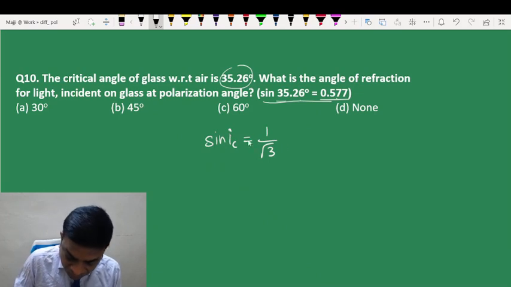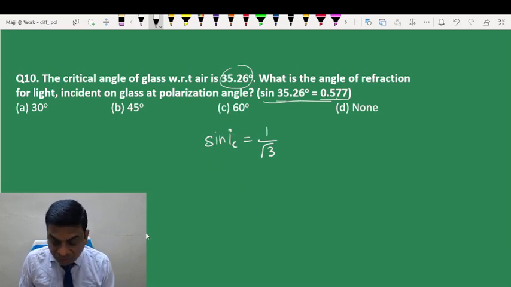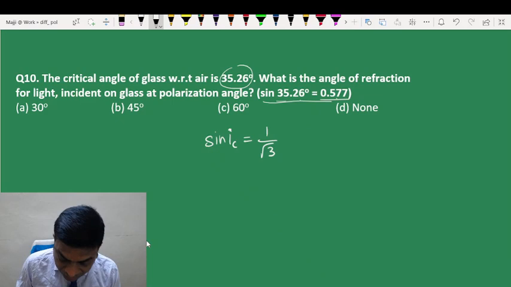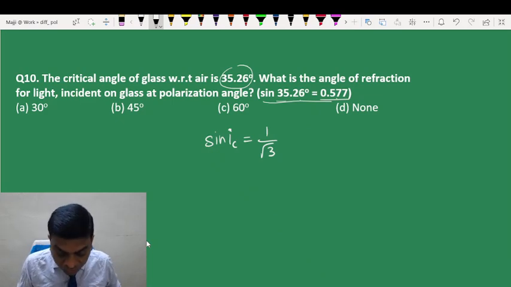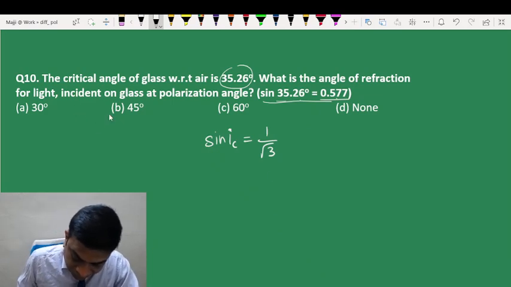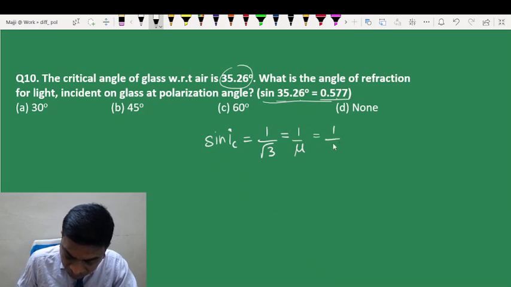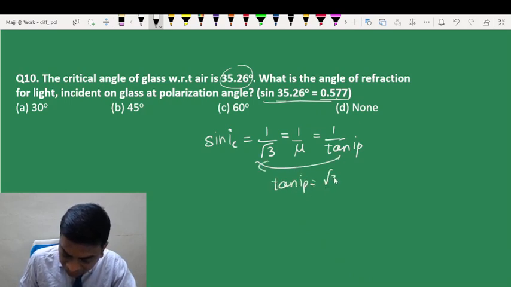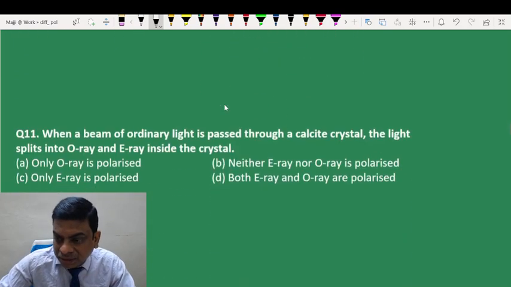Okay, sine of critical angle is 1 by root 3. 0.577 is 1 by root 3. Then, which is 1 by mu, so this should be 1 by tan of polarizing angle as per Brewster's law. So that means if tan of polarizing angle is root 3, then polarizing angle must be tan inverse of root 3, that is 60 degree. So C option is the correct answer.